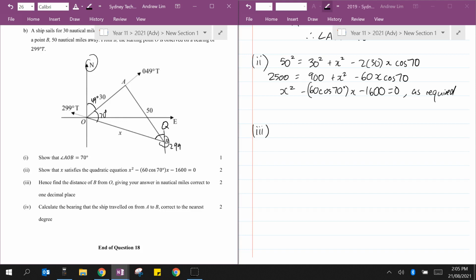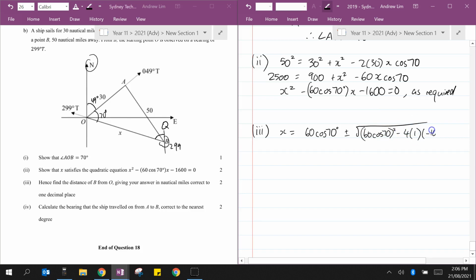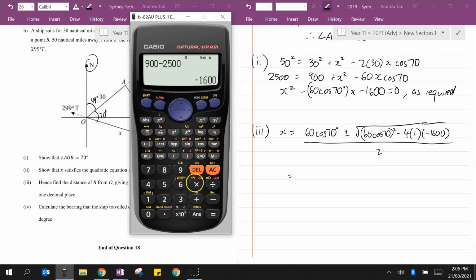Okay, so in order for us to work this out, I'm just going to use the quadratic formula. x is equal to minus b, so this is going to be positive, plus or minus the square root of b squared minus 4ac, all over 2a. Alright, let's do that to 1 decimal place.